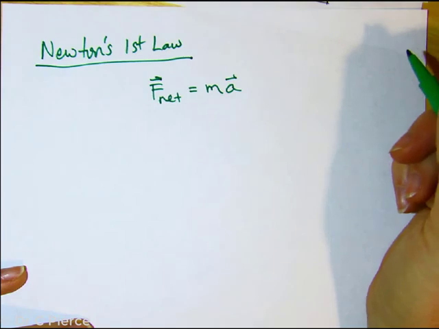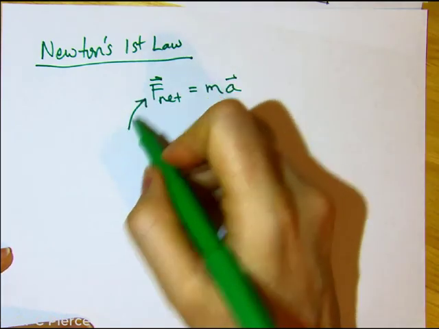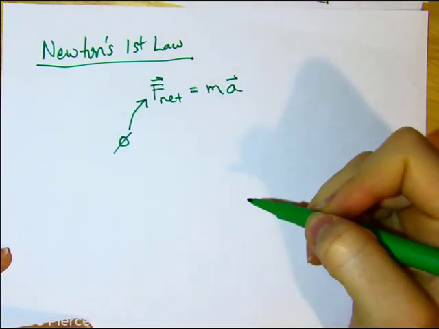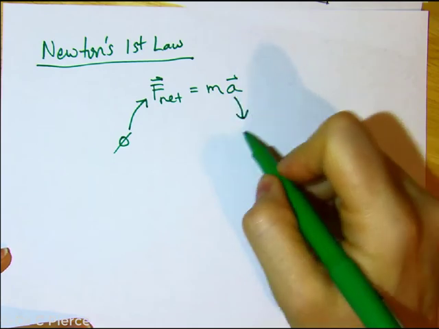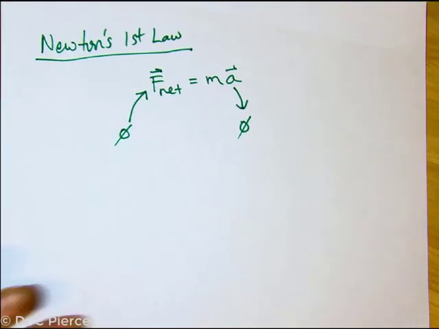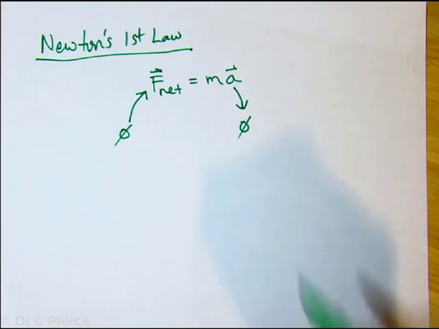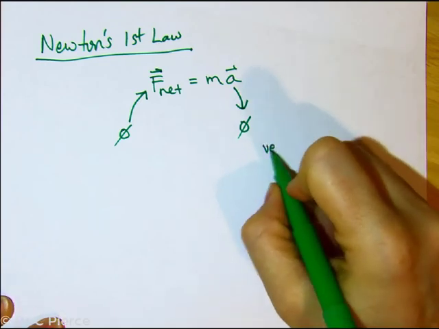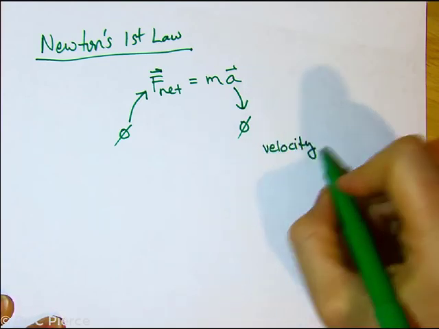Now Newton's first law says that if this is 0, there's no net force, then this is 0. There's no acceleration. That's it. That's Newton's first law. If there's no net force acting on an object, it can't have an acceleration, which means that its velocity is constant.